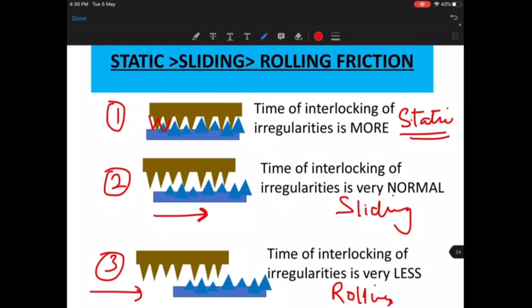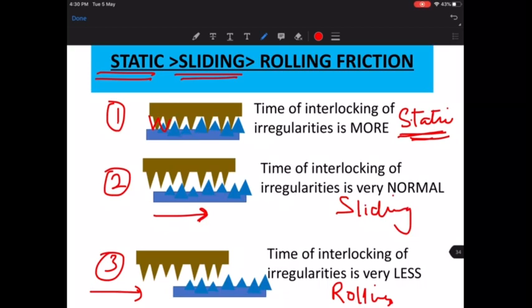In the case of static friction, you have more time for the irregularities to lock against each other. That's why which kind of friction is more? It is the static friction which is more. In the second case, the irregularities have slightly less time of interlocking. So the sliding friction is slightly less than the static friction.